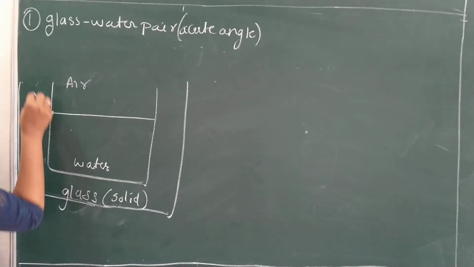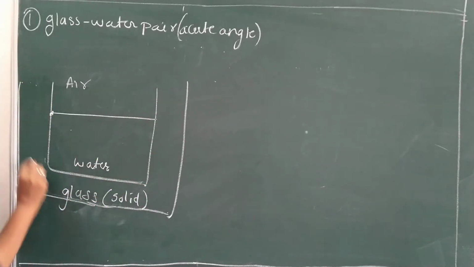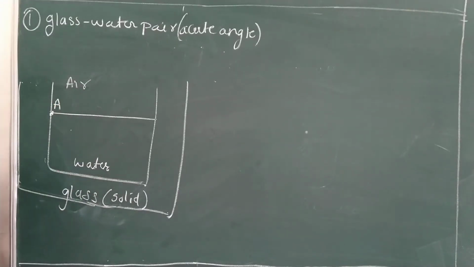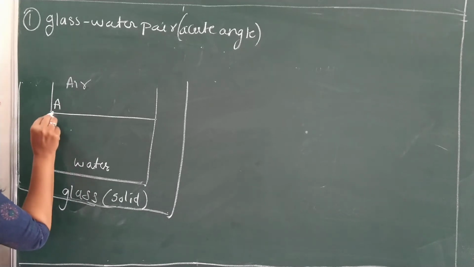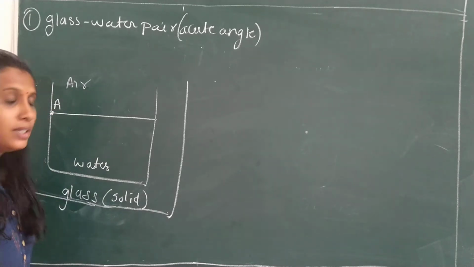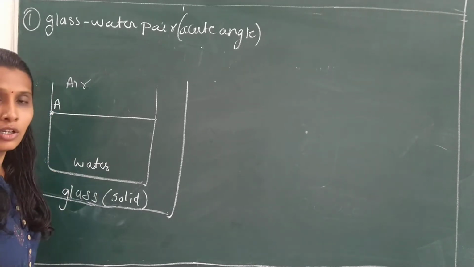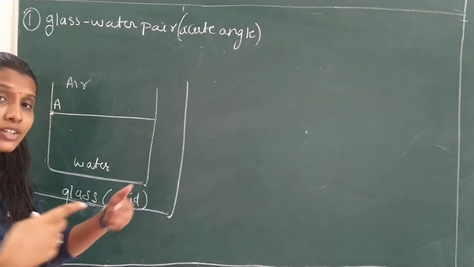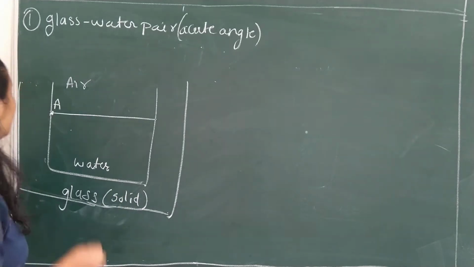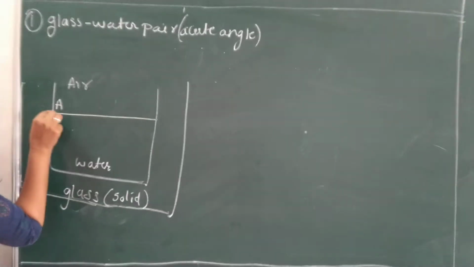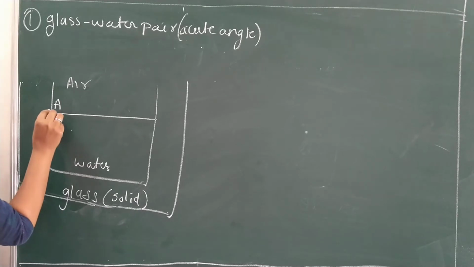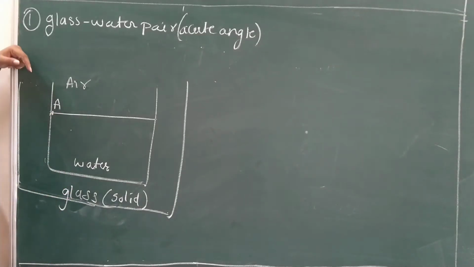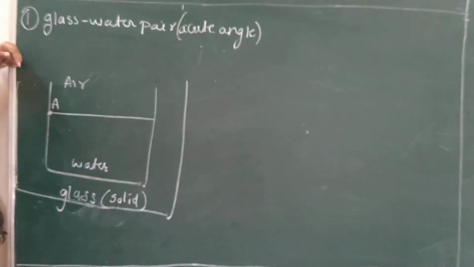So now what happened? This wall of this container will exert on the molecule a force, and this molecule A is a molecule of water, and my wall is of glass. So the molecules are from different substances. The force of attraction between them will be adhesive. So the net adhesive force acting on molecule A will be in this direction. Before that, let's draw a sphere of influence, an imaginary sphere of influence.